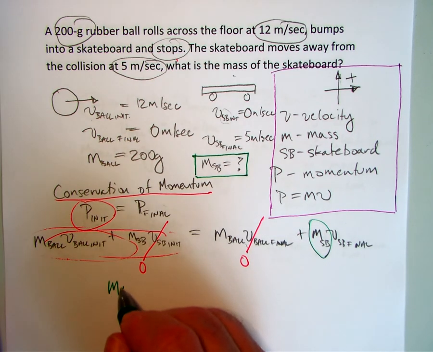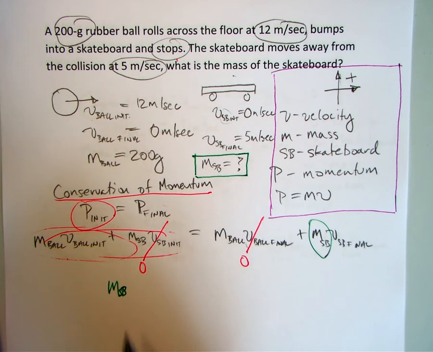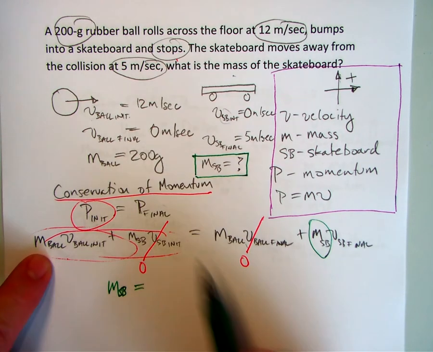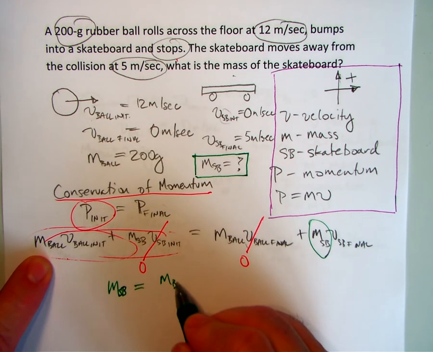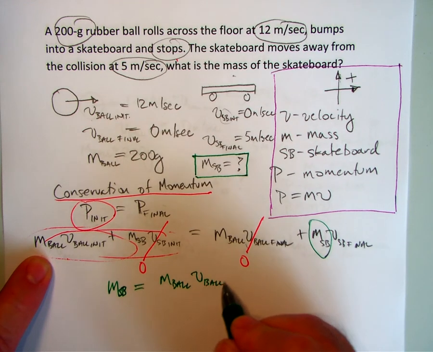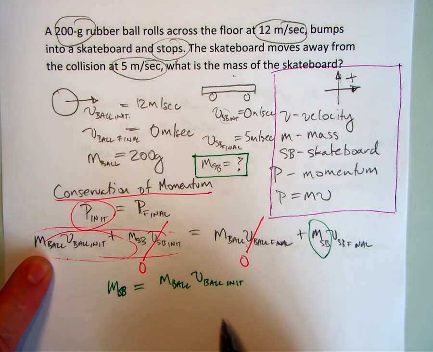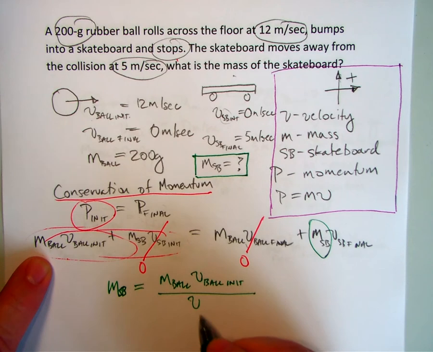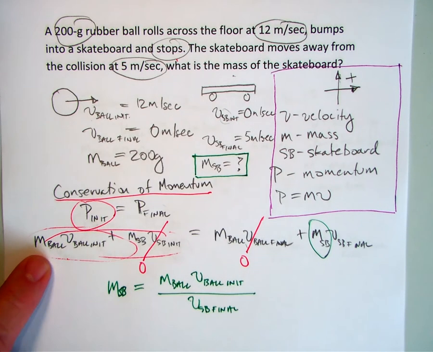Doing so, the mass of the skateboard is equal to the mass of the ball times the velocity of the ball initially divided by the velocity of the skateboard final. These are all the terms we have.